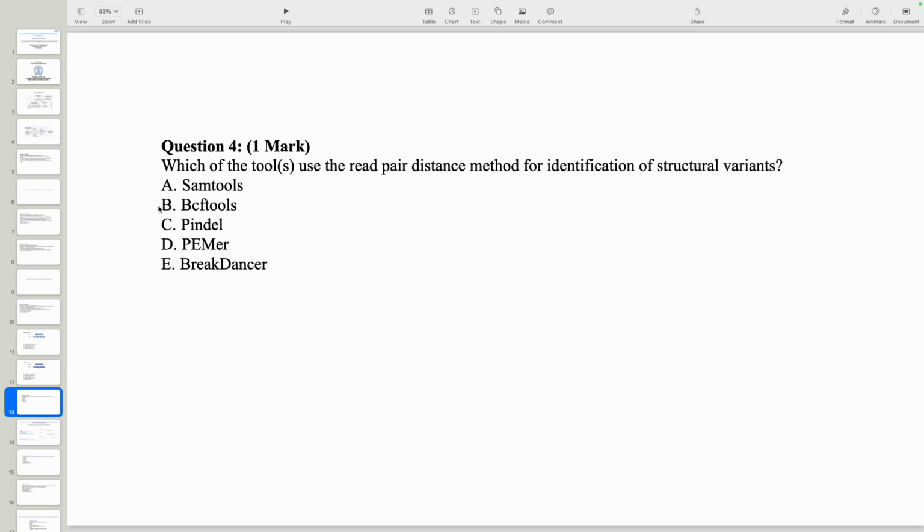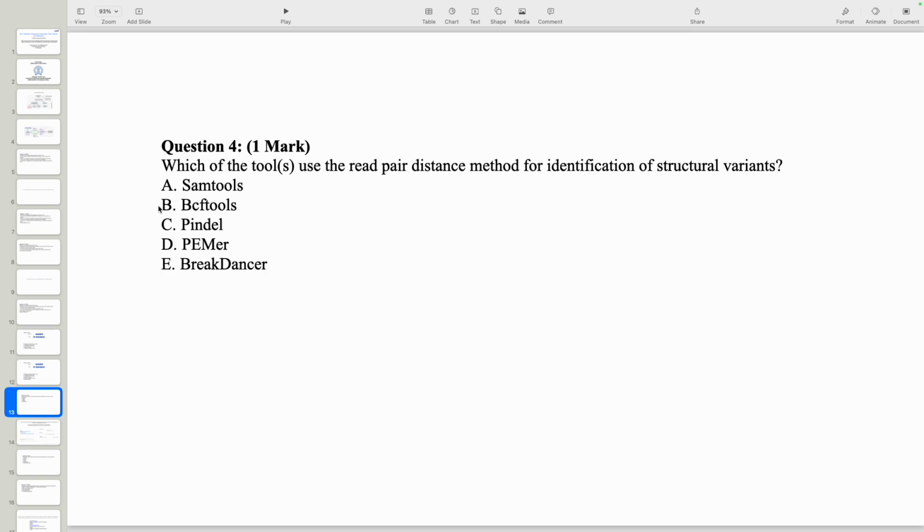There would be a difference in the distance of the reads in the two conditions, because it's paired-end sequencing. So we are finding that difference, which might indicate some structural variations.